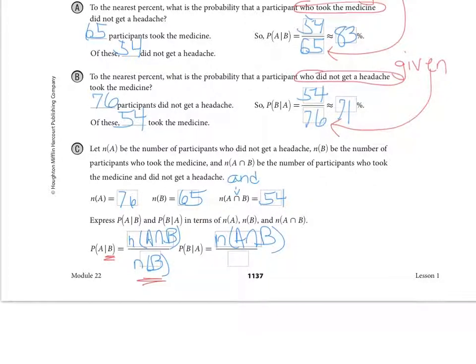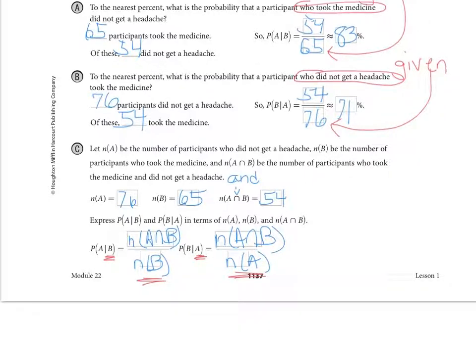So the number of A and B divided by, this time, 76, because probability given A is out of 76, and 76 ties in with the number in A. So again, look at that second given letter, it's always going to correspond to that denominator for you. Okay? So that's how we find our conditional probability from a two-way frequency table.